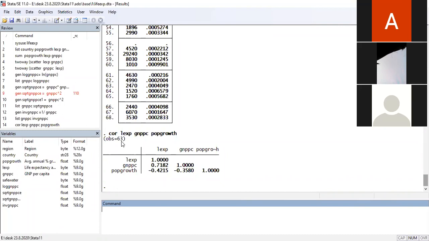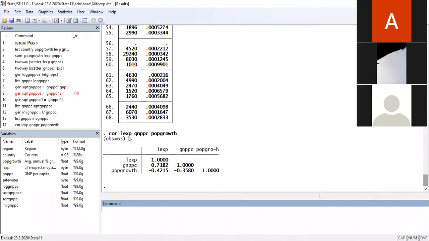How to explain this result here? So basically, you will get one correlation here, LEXP, GNPPC. Correlation number 2, GNPPC, population growth. Another correlation, LEXP, population growth. So 3 correlation coefficients you will get from this.